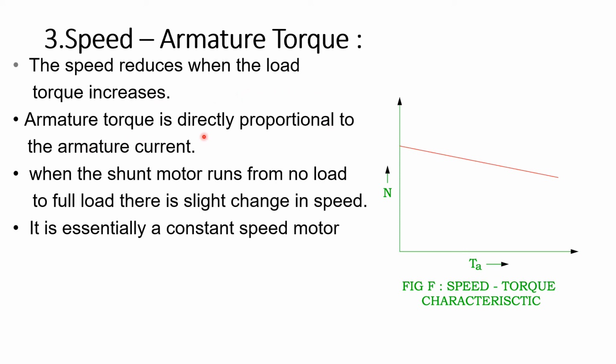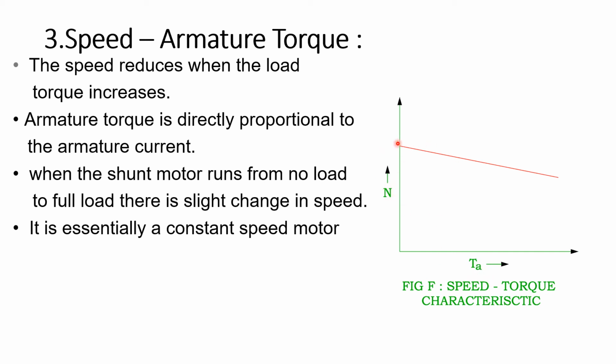And armature torque is directly proportional to the armature current. We have seen this point in the first graph. So the torque armature current graph will be a straight line. And as the shunt motor runs from no load to full load, there will be a slight change in its speed. So we can say that this will be the characteristics curve for the DC shunt motor, when we need to show the relation between the speed and armature torque.